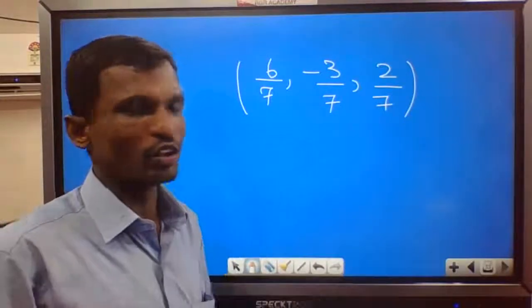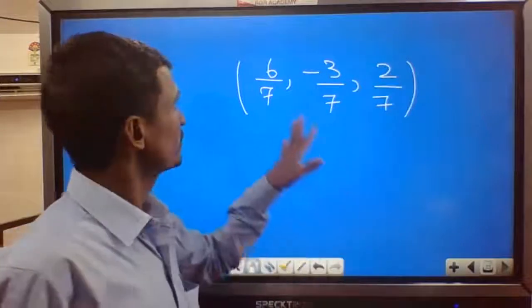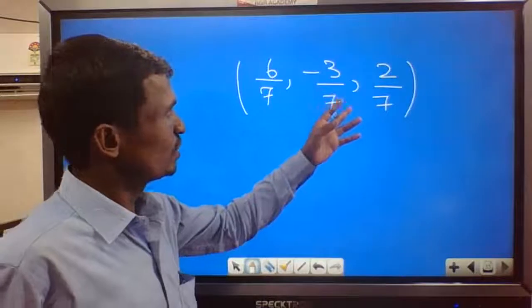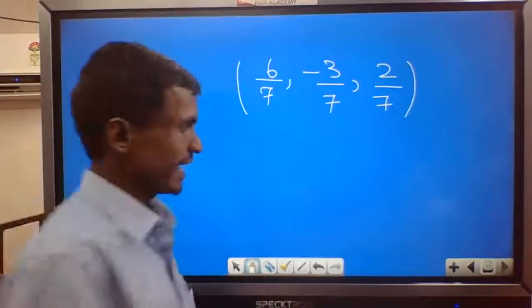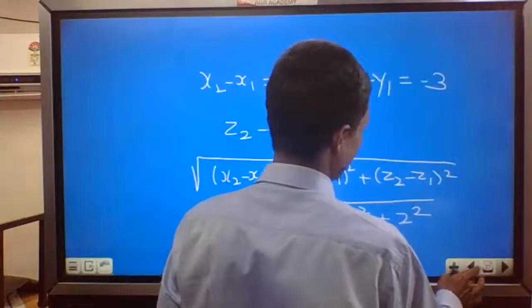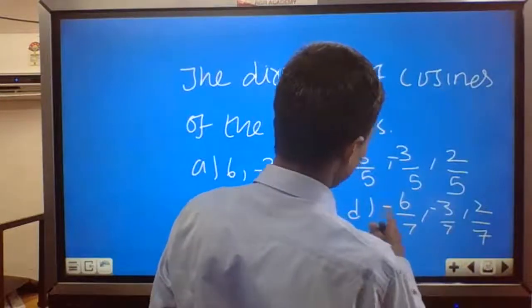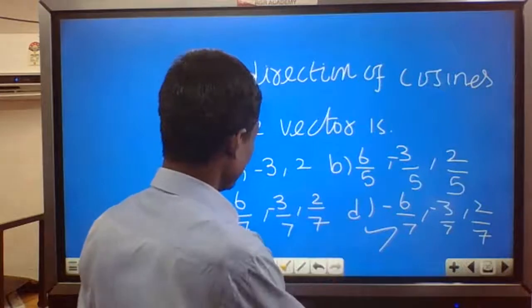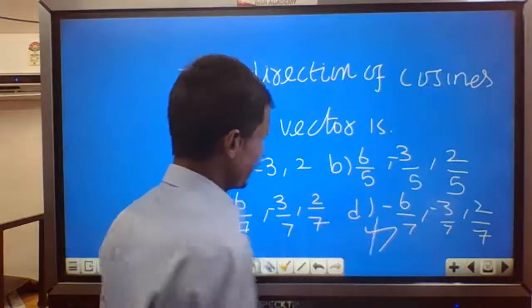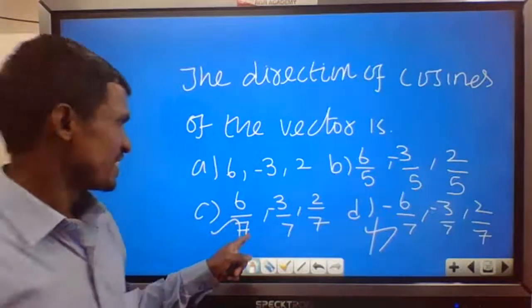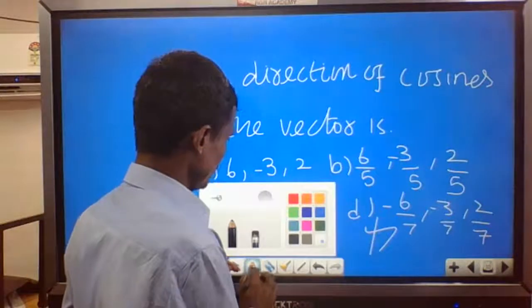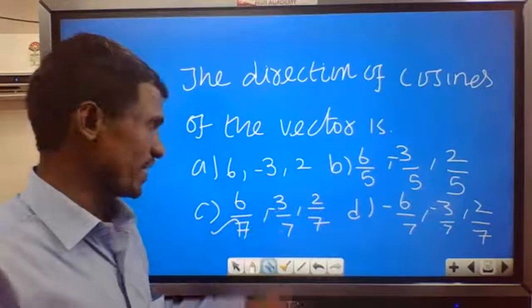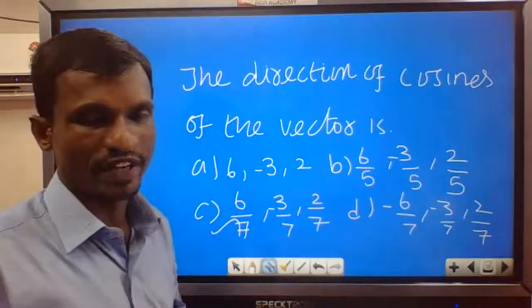So next we want the direction cosines: 6 divided by 7, minus 3 divided by 7, 2 divided by 7. That is the correct answer. Which option is present in the problem? In D option? No, C option: 6 divided by 7, minus 3 divided by 7, 2 divided by 7.